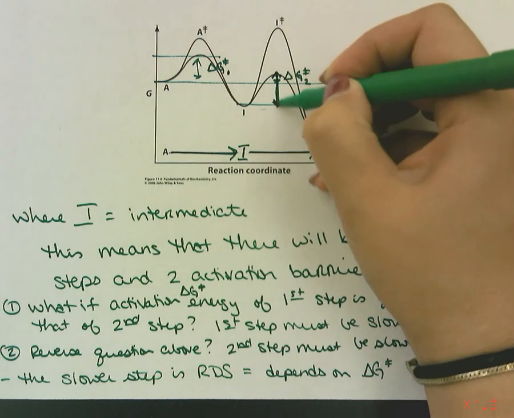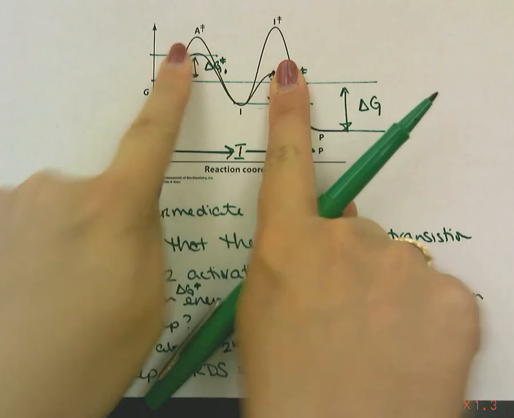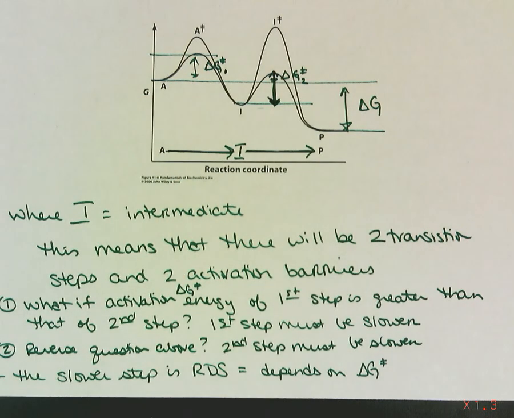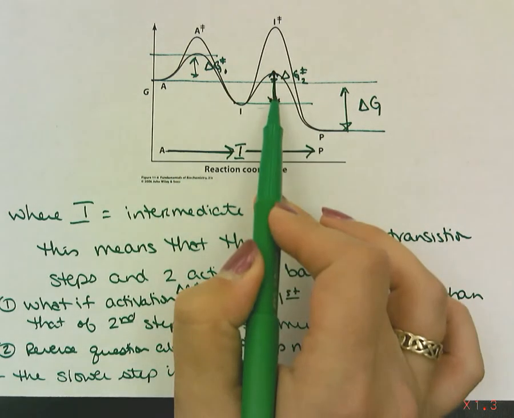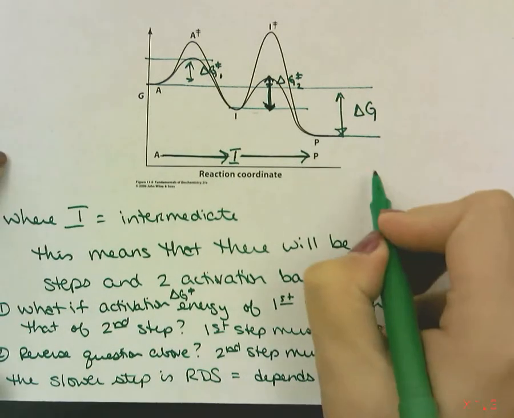This one right here. I think in terms of height, if that's one knuckle, that's like a knuckle and a half. I don't know. I'm going to guess this one's slightly bigger. So if the second one's slightly bigger, which part of this is the rate determining step? Which would be what in terms of arrow to arrow? I to P. I to P is our rate determining step.